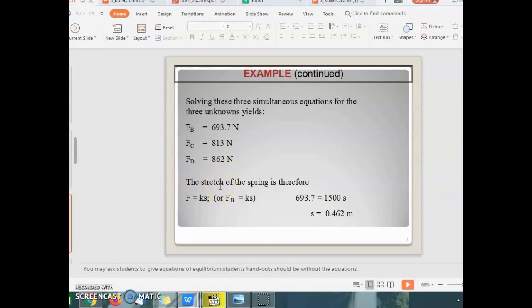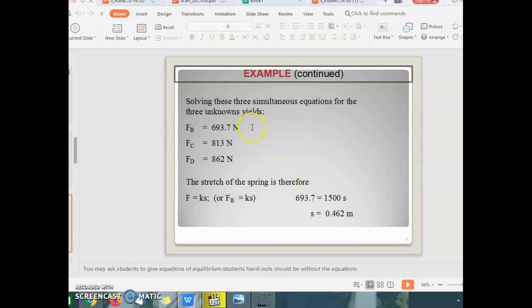So you have already answered the question here, which asks you to find all the tensions or all the forces in each of the cables that are being applied force. Okay, and then the question also asks you to find the stretch of the spring.